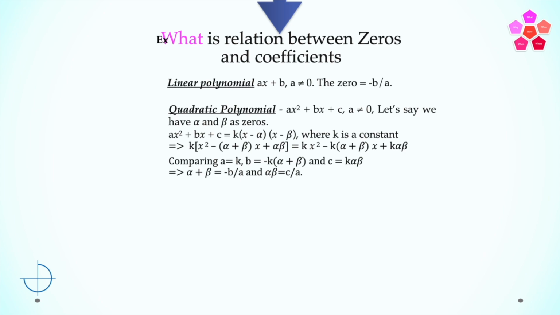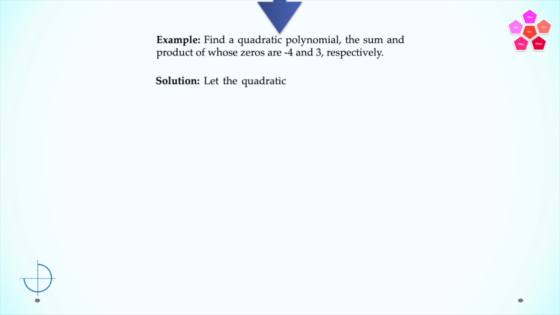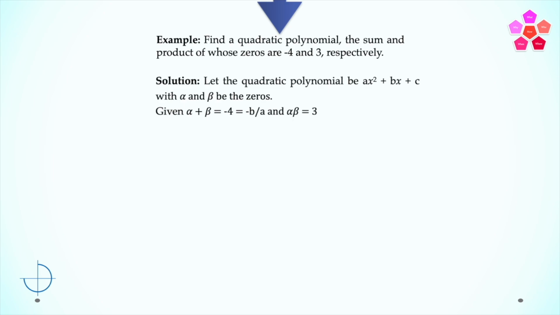Let's take an example. Find a quadratic polynomial, the sum and product of whose zeros are minus 4 and 3 respectively. So let the quadratic polynomial be of the form ax squared plus bx plus c, with alpha and beta as the zeros. Given alpha plus beta is equal to minus 4, which is equal to minus b by a, and alpha into beta is equal to 3, which is equal to c by a.